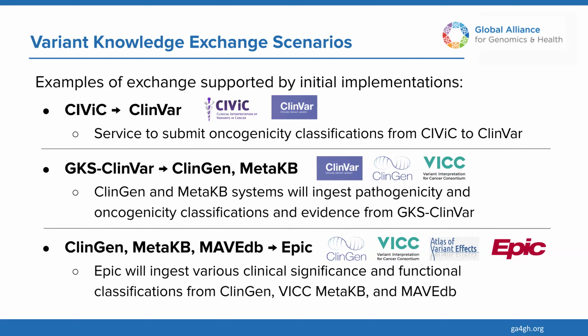And then the third describes a pipeline where Epic will ingest various clinical significance and functional classifications from sources like ClinGen and VICC MetaKB and MaveDB that are all using the VA spec to exchange and retrieve that data. And these last two implementations are close. I think they're still in the works, but will hopefully be up and running soon. Next slide.